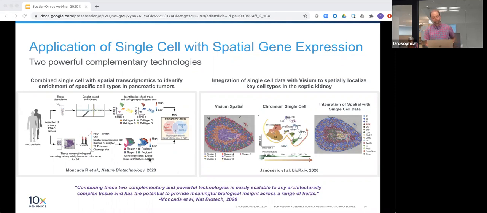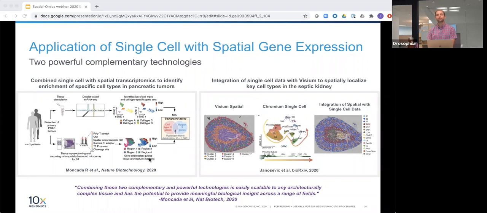They found in these pancreatic cancer biopsies that there were definitely regions that had co-localization of inflammatory fibroblasts and cancer cells that were expressing these stress response gene modules. And either technology alone probably wouldn't have been able to get you that level of resolution.